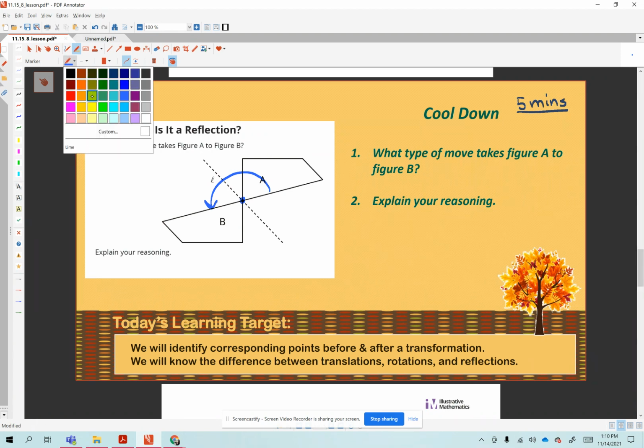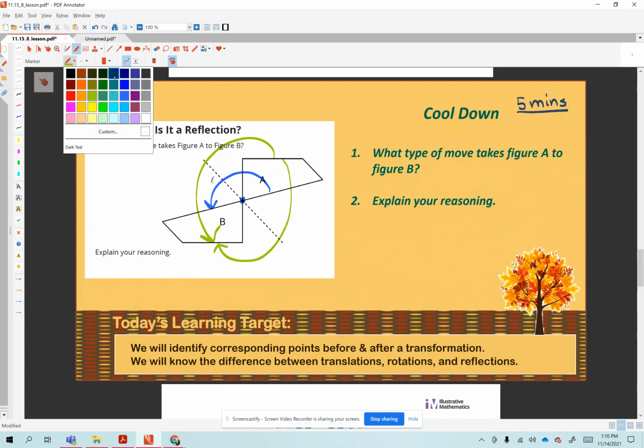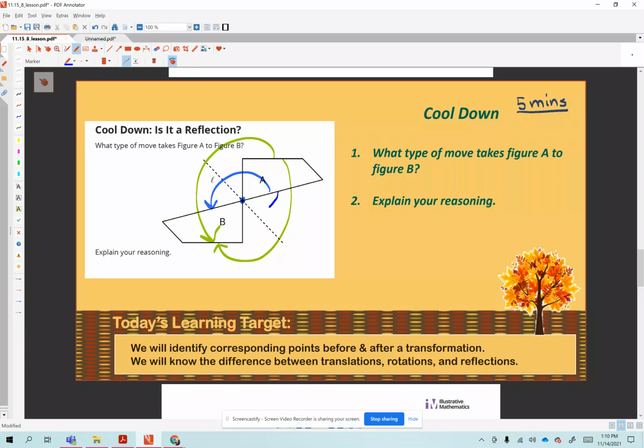And I'll change the color and let's do another line. This line would come over and it would land right here. Now that can happen in either direction. It can go counterclockwise, it can go clockwise. So when it rotates about a point, then we have a rotation.